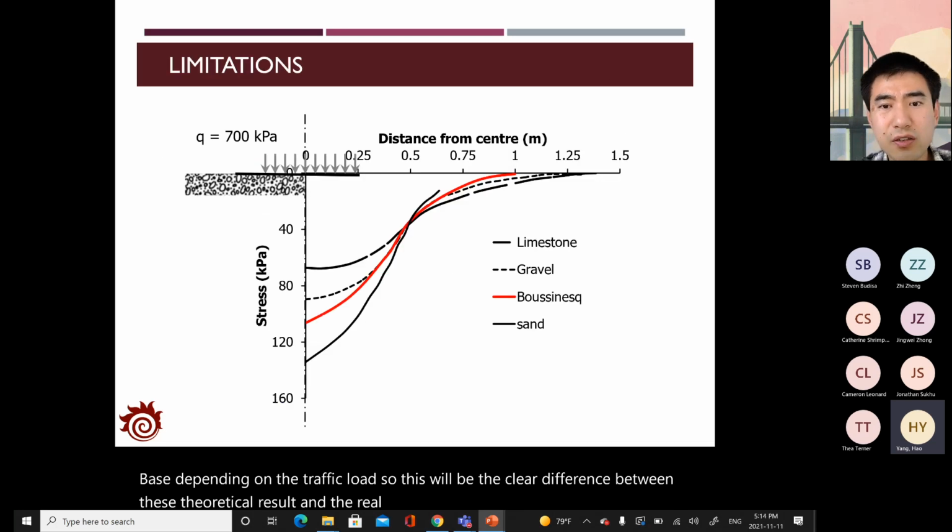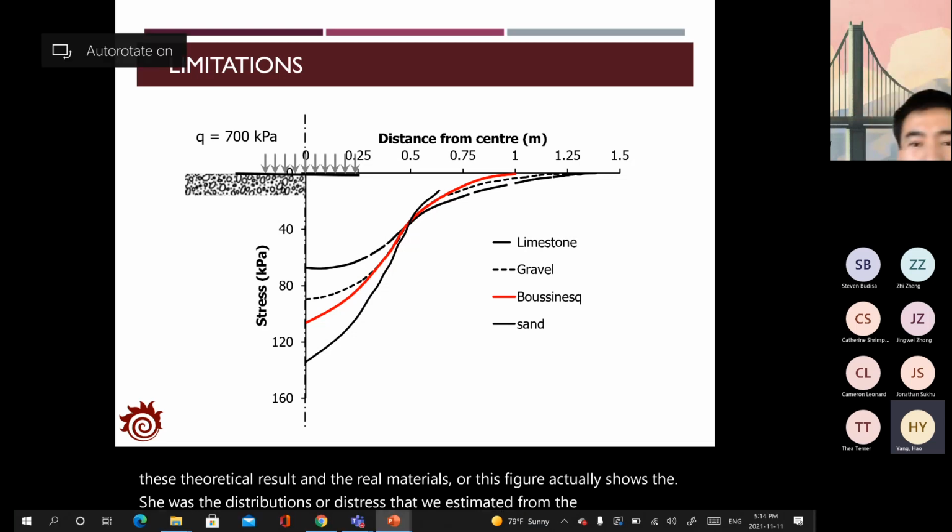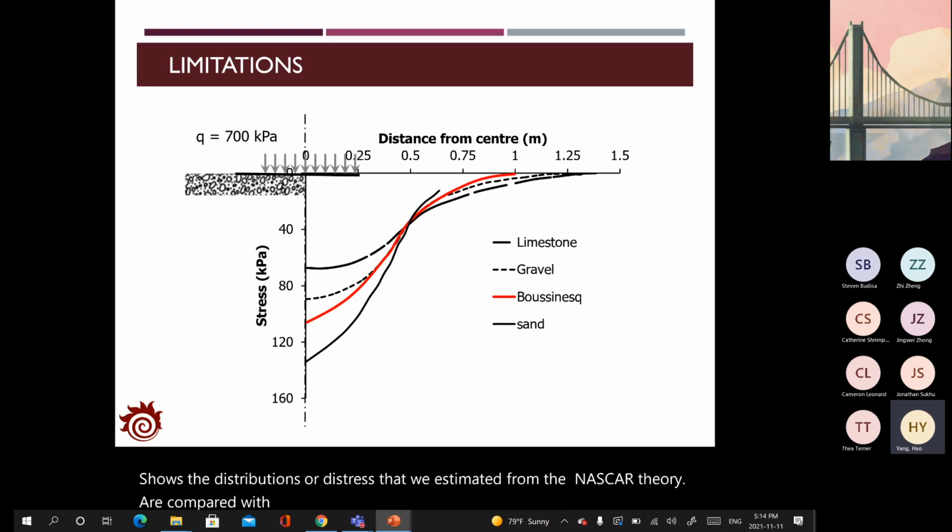This figure actually shows the distributions of the stress that we estimated from the Burmister theory compared with the actual materials, the limestone, the gravel, and the sand. And the red one is the estimation from the Burmister solution.